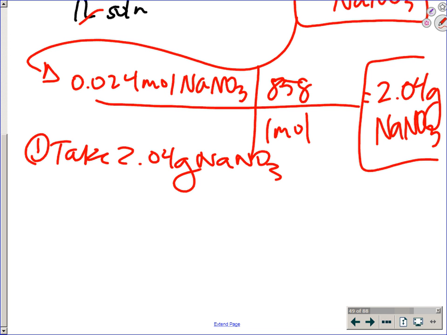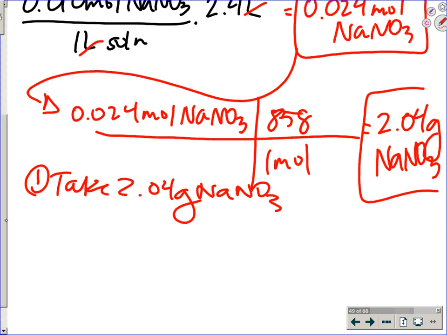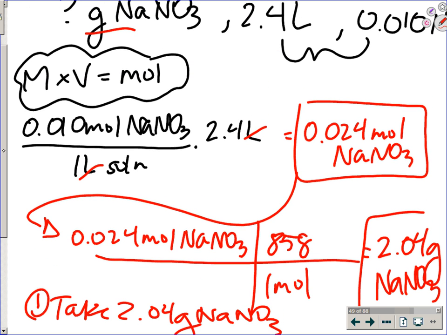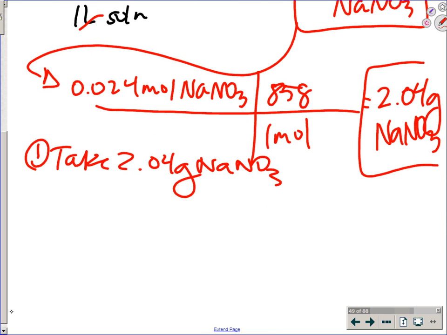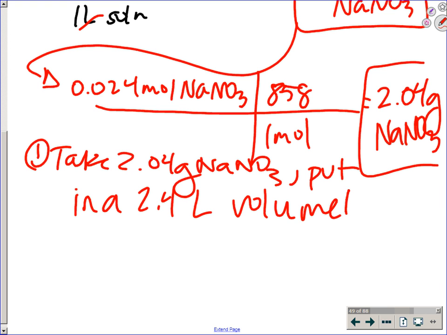So what size would we use here? Number 6, what size solution are we making? 2.4 liters. So we get a 2,400 milliliter volumetric flask, and we put the 2.04 grams in a 2.4 liter volumetric flask. And then what would we do? Now we have a flask with some powder in the bottom.